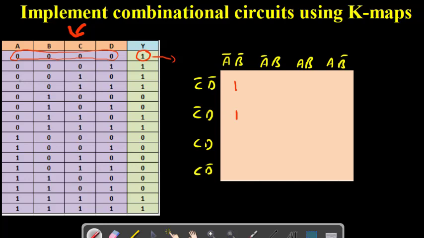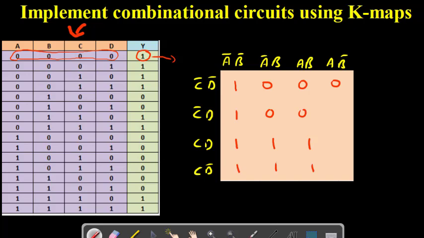Then the third, A bar, B bar, C, D bar, comes here, and the fourth, A bar, B bar, C, D. This is 1, and so on. I will just put all the entries, you can check it. These will come here, and the rest are all zeros. So this is how we draw the K-map.